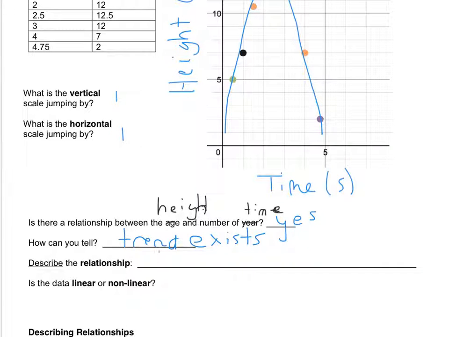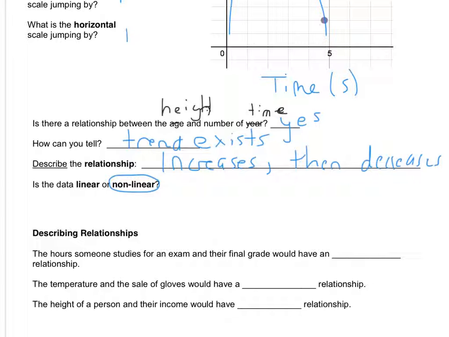Well, it goes up, so it's increasing. So it increases, and then it comes down, so then it decreases. So there is a relationship, it's just non-linear, unlike the other relationships. The points didn't form a line. So this is a non-linear relationship.